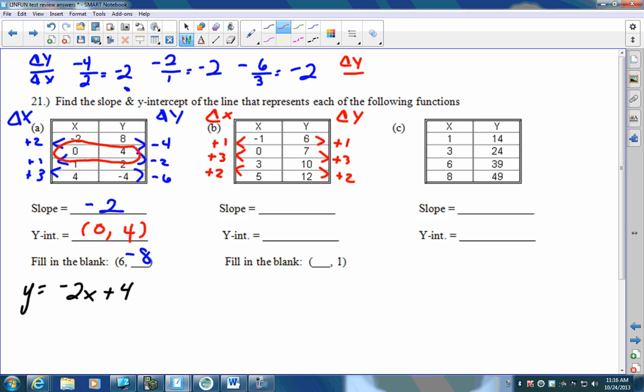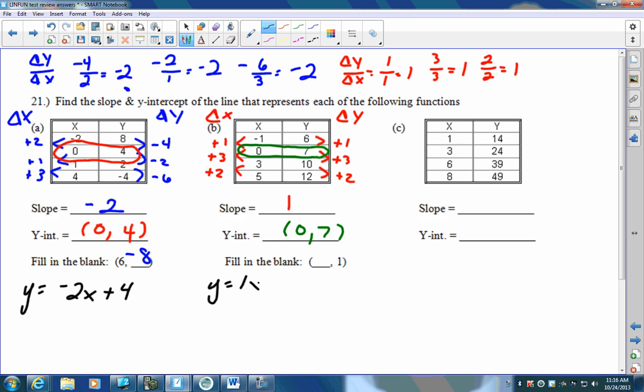Delta y over delta x, 1 over 1 is 1. 3 divided by 3 is 1. 2 divided by 2 is 1. That's my slope. My y-intercept, here it is. It's already in the table. 0, 7. Now, if I wrote the equation, y equals, I could have 1x plus 7, or I could have written it as y equals x plus 7.